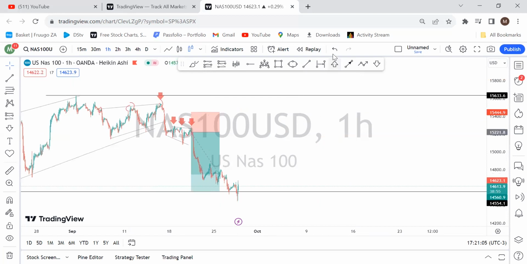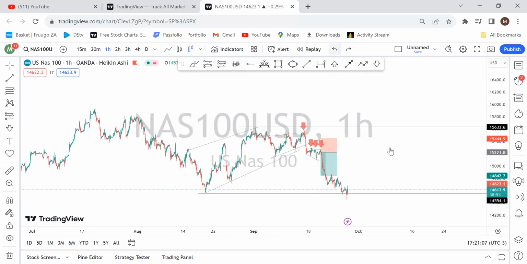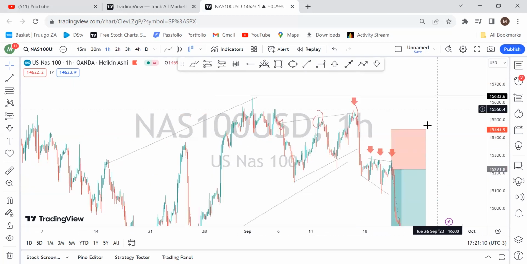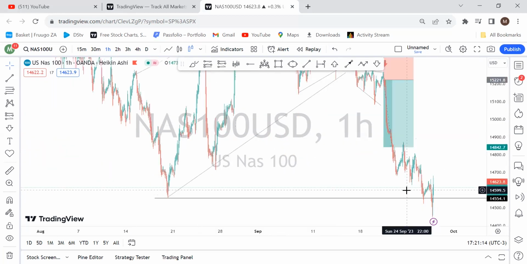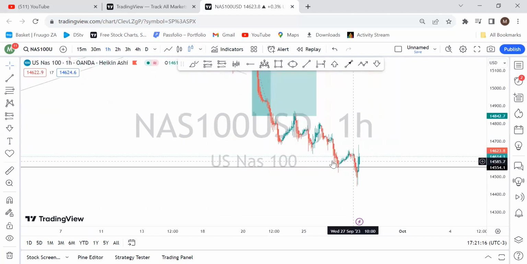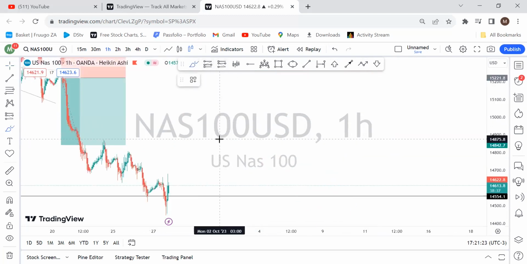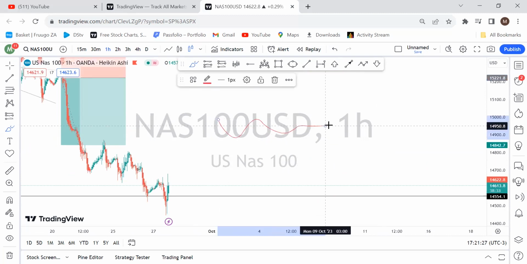I'm just quickly going to erase that. So currently we have this double bottom. It looks like the price broke, which could mean either two things. Remember, a correction, we have two types of corrections.